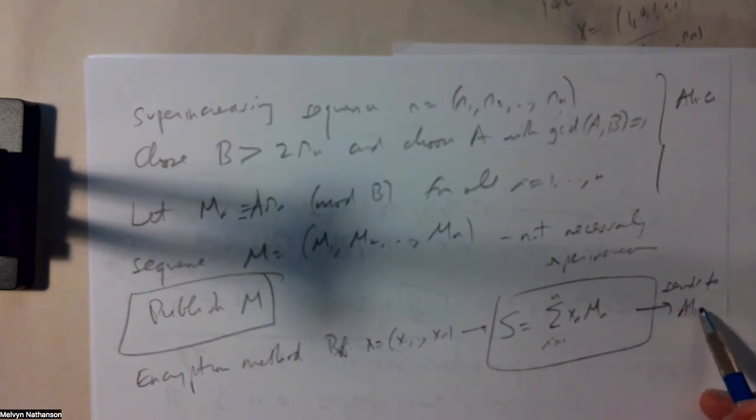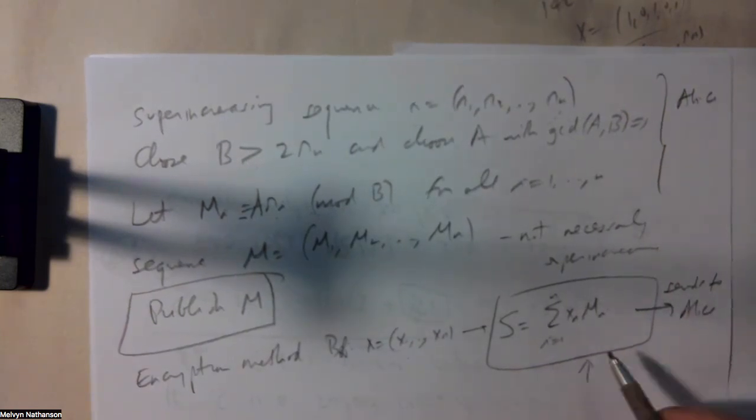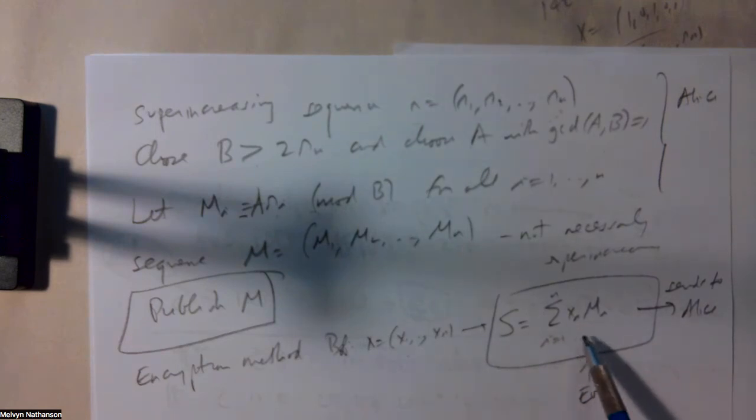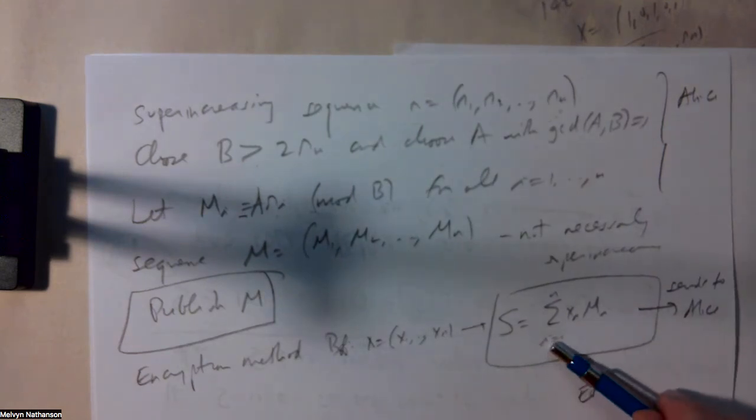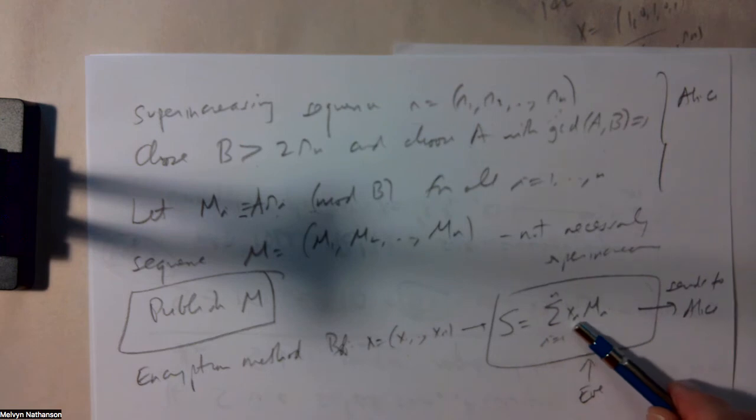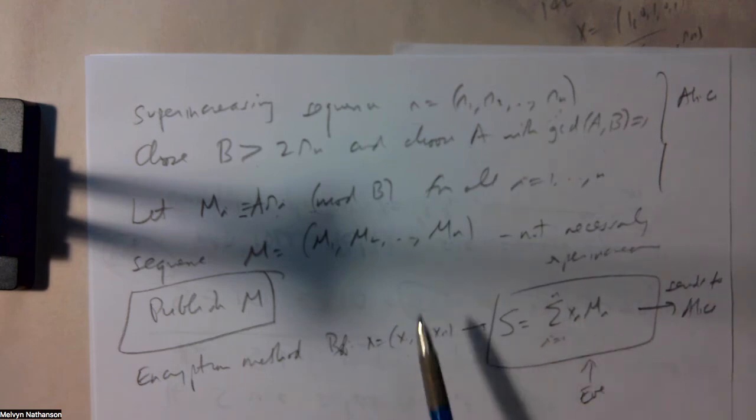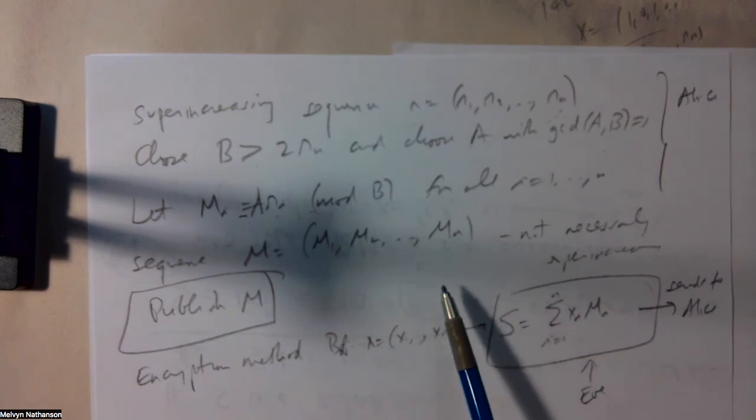to Alice. And of course, the eavesdropper, Eve, can intercept this number. She has this number. She would like to find the X's. But there's no structure to the sequence M that's obvious.